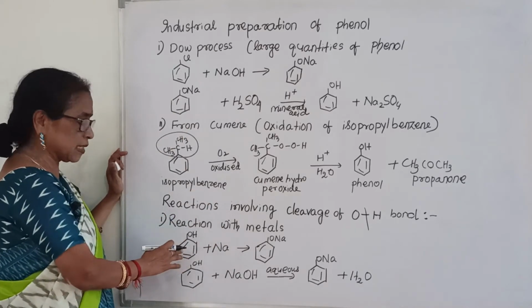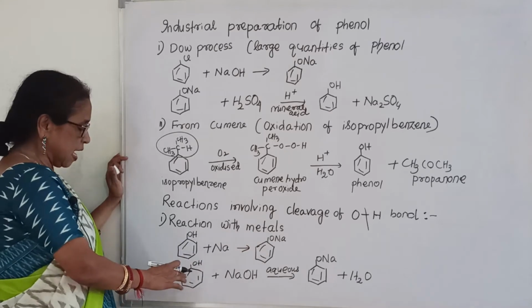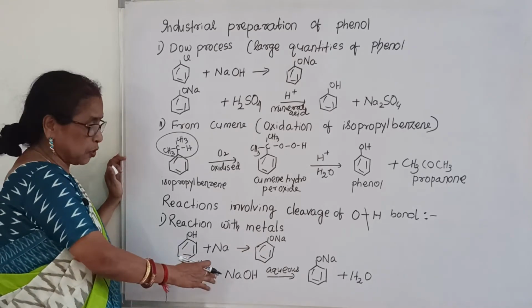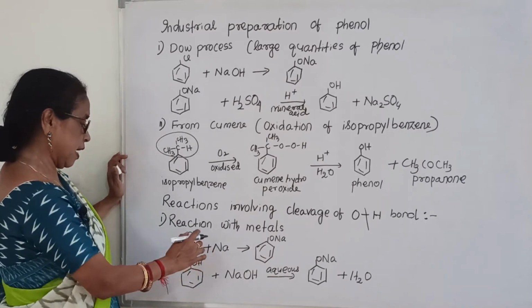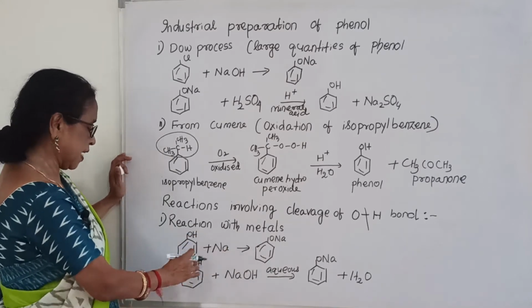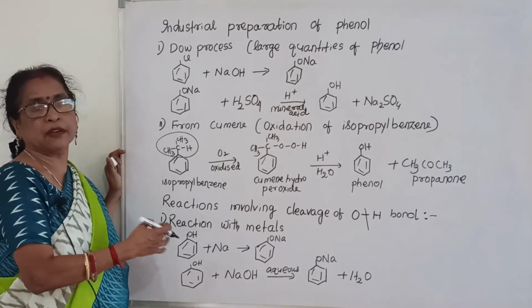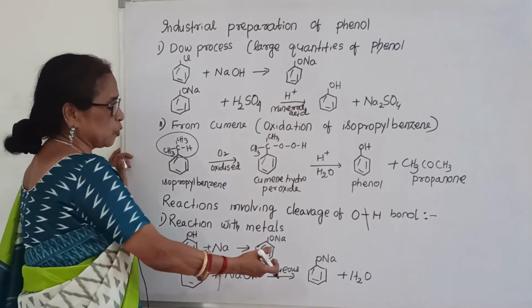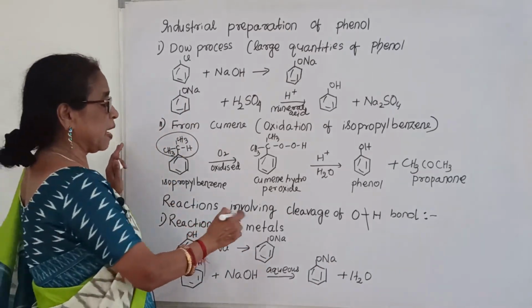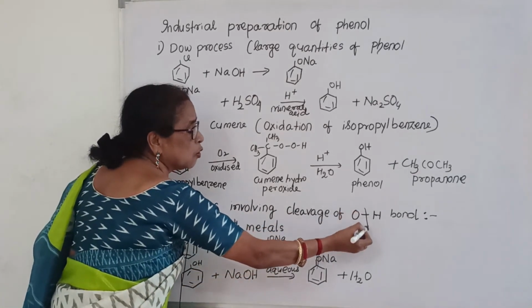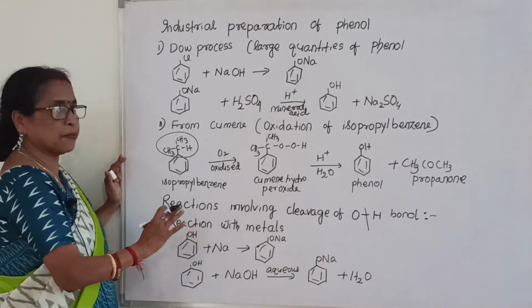Reactions with metal. See, this is phenol, with sodium it gives sodium phenoxide. Another example is phenol with sodium hydroxide, which also gives sodium phenoxide and water. Again, see, these first properties are due to OH cleavage, OH bond breaking, and reaction with metal.